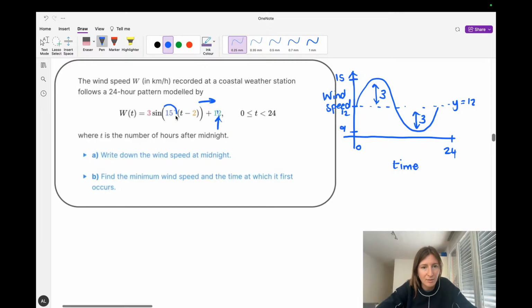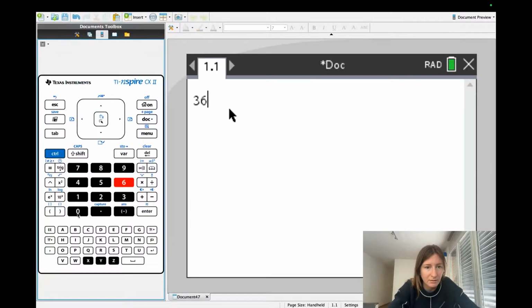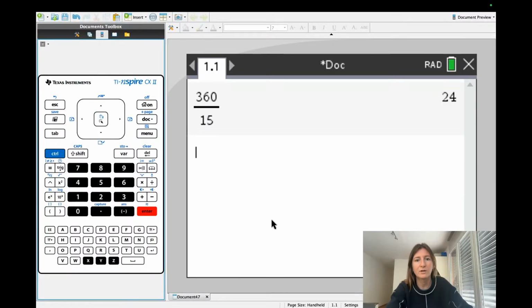And the period is 15, or sorry, B is 15, not the period. B is 15, which means the period is 360 divided by 15, which is 24.